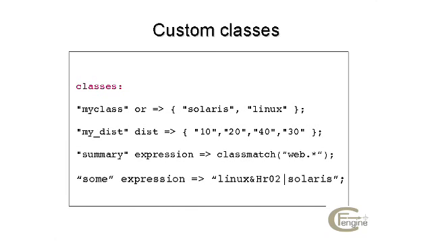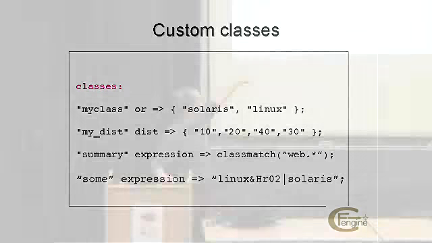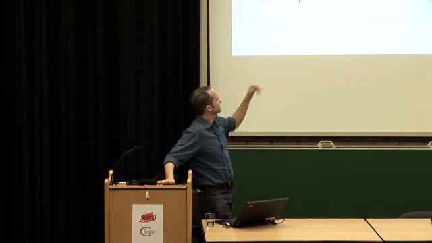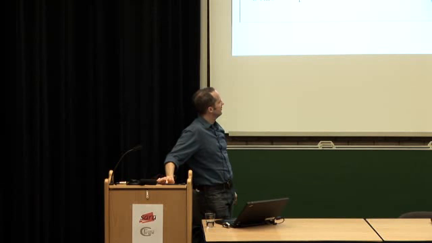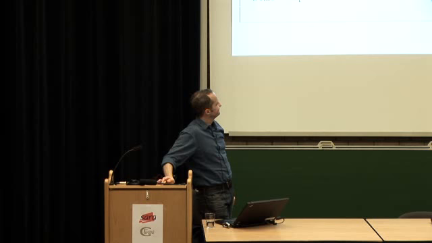So let's skip the second one for a moment and go to the third one. We can create a class from an expression. Well, let's do the bottom one first. Sum promises to be a class set by the expression Linux and 2 o'clock in the morning or Solaris.